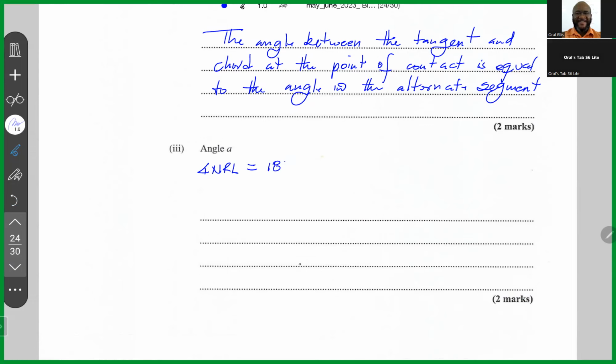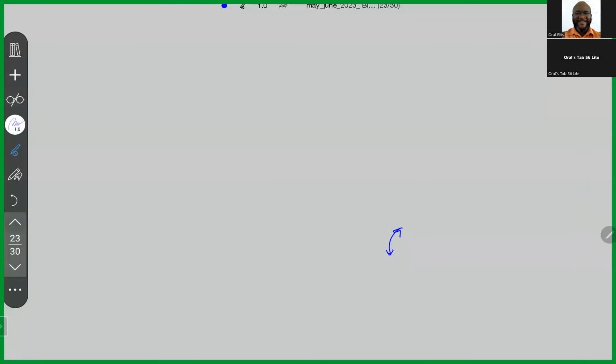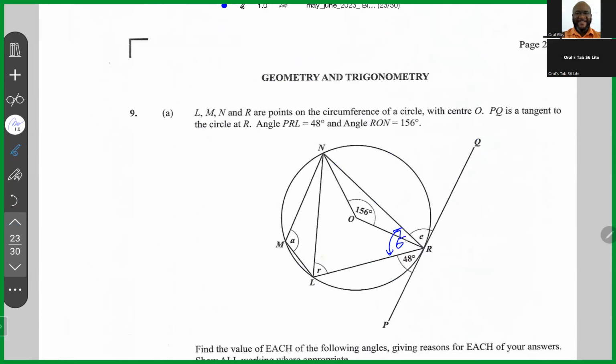Angle NRL is equal to 180 degrees minus 48 plus E, which is 78 degrees, which is equal to 180 minus 48 plus 78, is equal to 180 minus 126 degrees, is equal to 54 degrees. All right, so this angle here is 54 degrees.